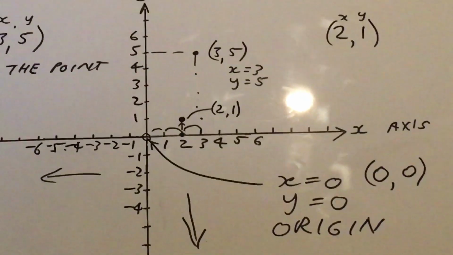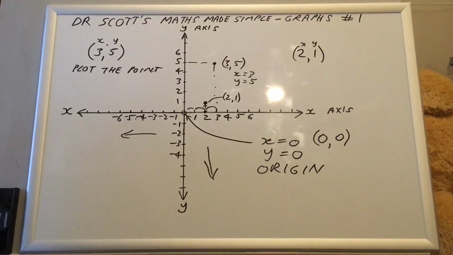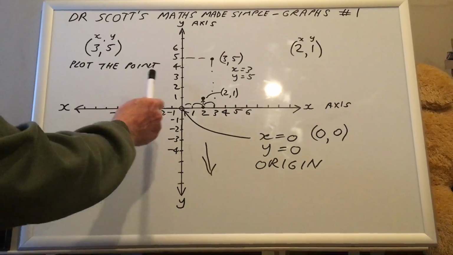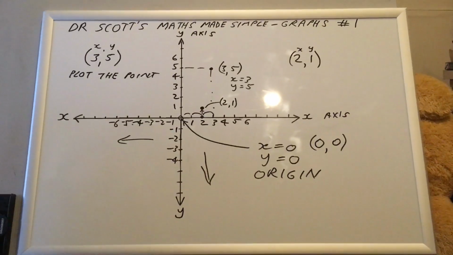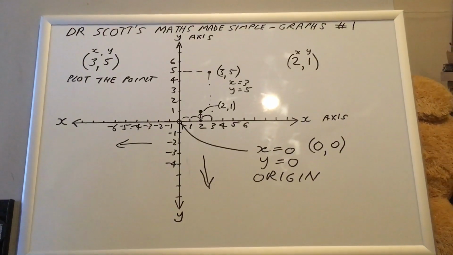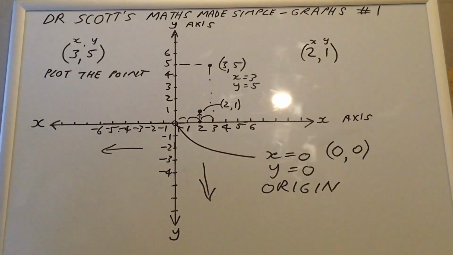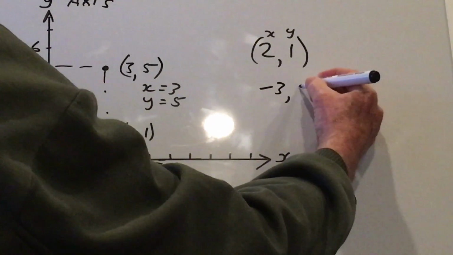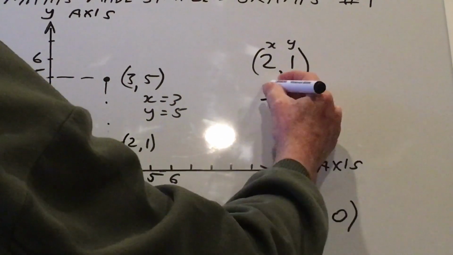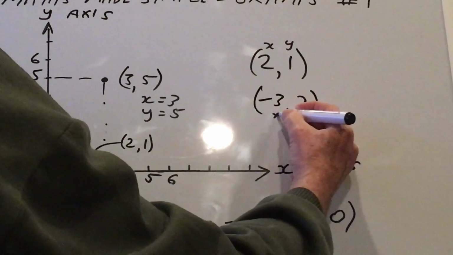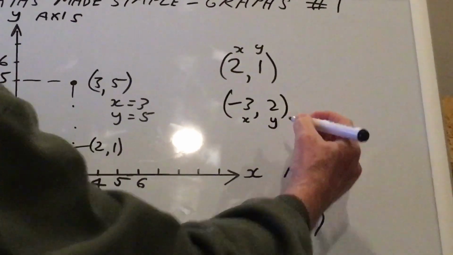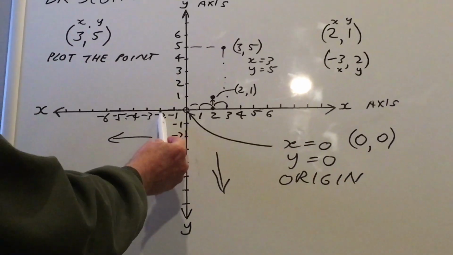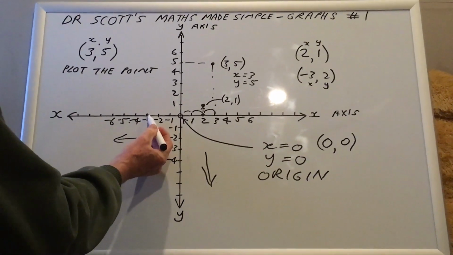Now sometimes they'll even talk about negative numbers, and you mustn't get worried when they talk about negative numbers. It's just the other parts of the axes. So say they said, okay, we want you to plot the point (-3, 2). So we know -3 is the X and 2 is the Y. So -3 on the X axis is 1, 2, 3 to here.